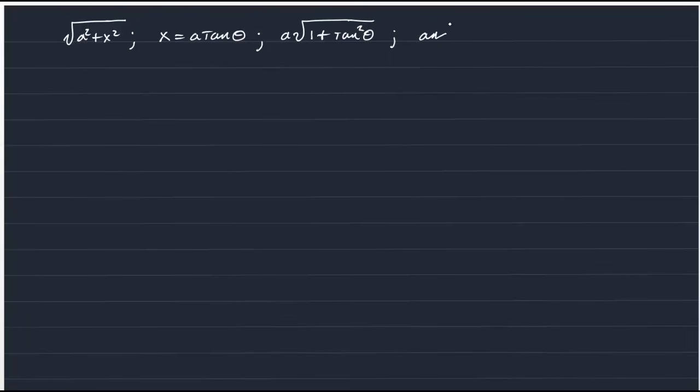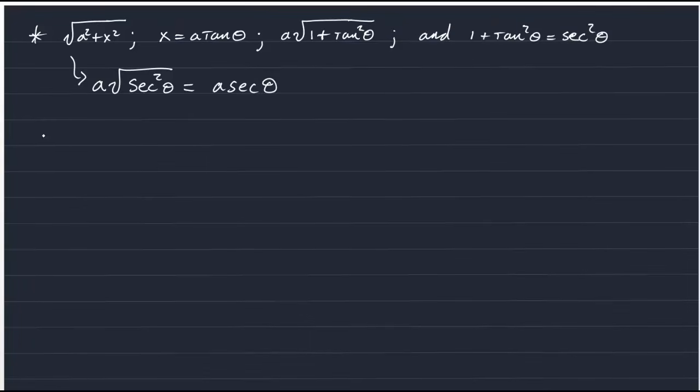And 1 plus tangent squared theta is equal to secant squared theta. So our integral becomes a times the square root of secant squared theta, which is equal to a secant theta. And that has a simple integral, which if you remember, great, or you could look it up in an integral table. So that was our second form.